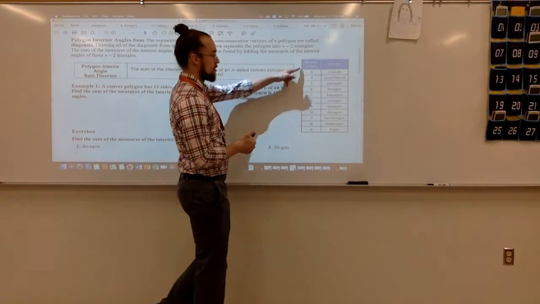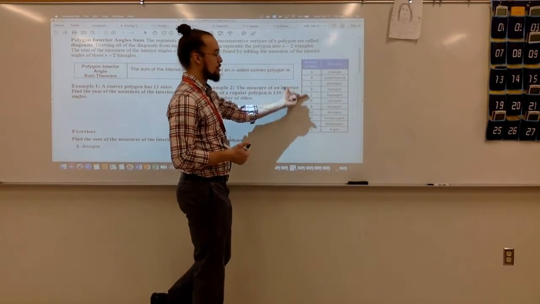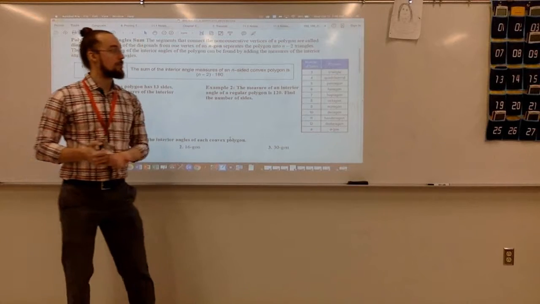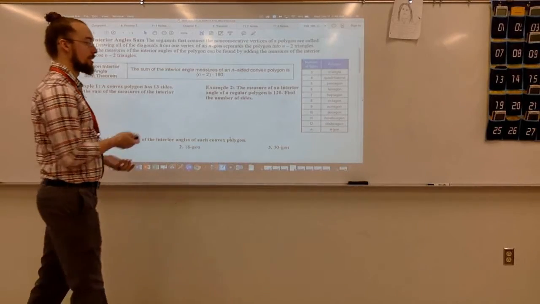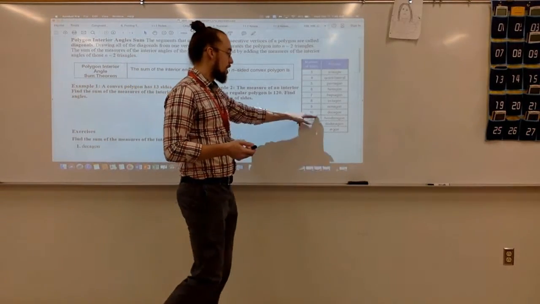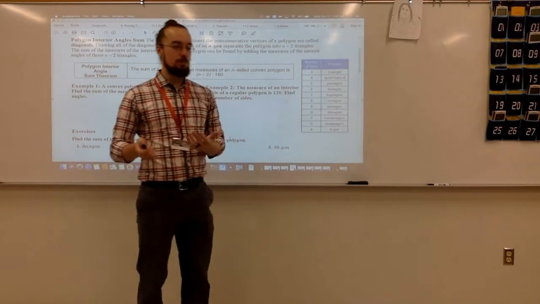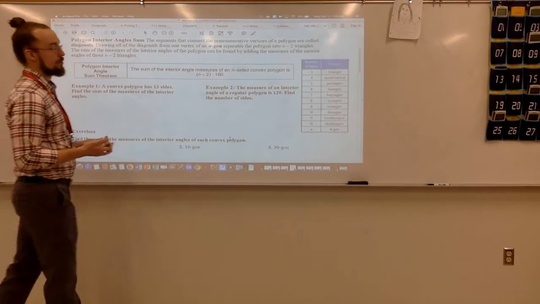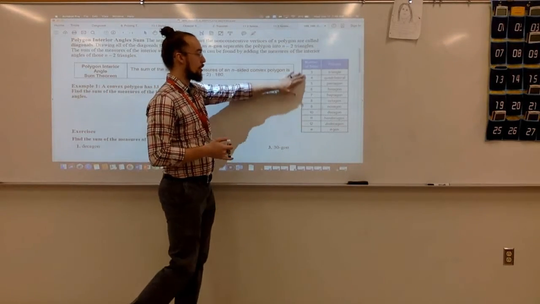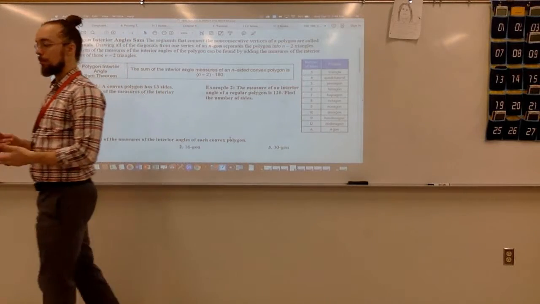You've seen most of these names before. 3 sides is a triangle. Any 4-sided shape is a quadrilateral, then pentagon, hexagon, heptagon, octagon, nonagon, decagon, hendecagon, and dodecagon. Those might be ones you're not quite as familiar with, but at least up through 8 or 9 sides, I'm sure you've seen them before.